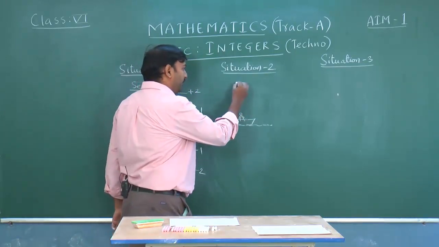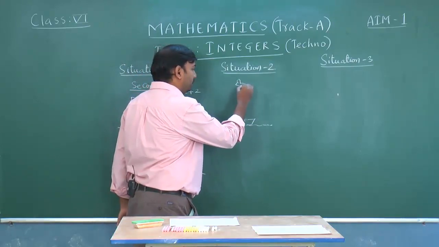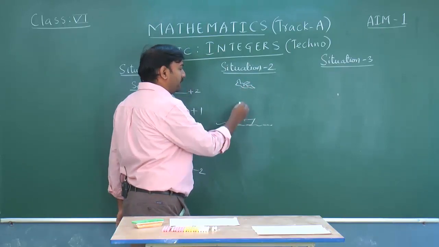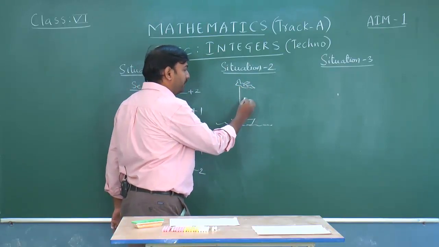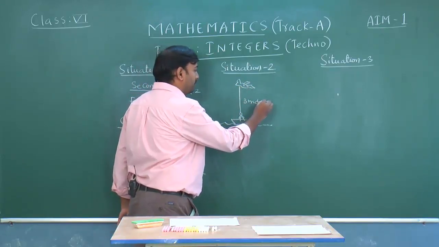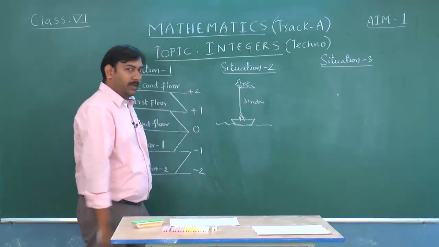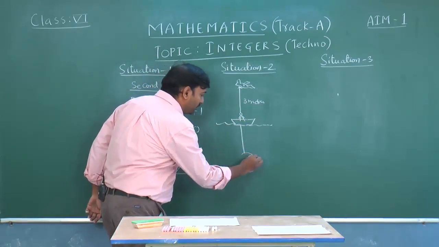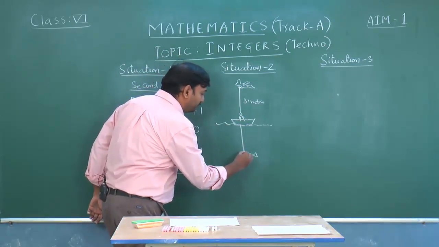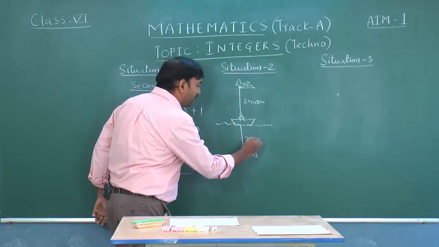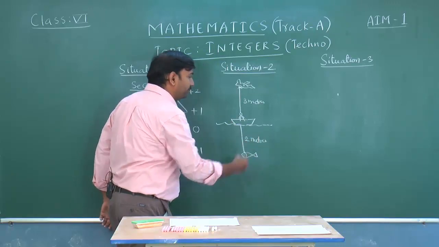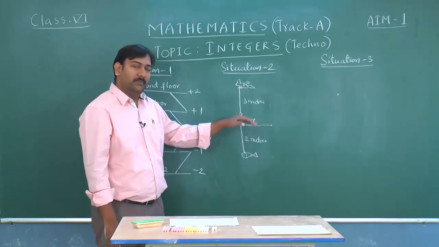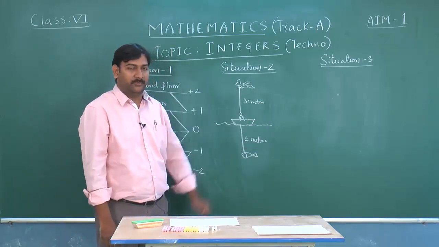In case he has seen a bird flying in the sky at a height of about 3 meters, and in the same situation he has also seen a fish swimming in the water at a distance of 2 meters. So how do we represent this situation? What numbers do we use to represent this situation?